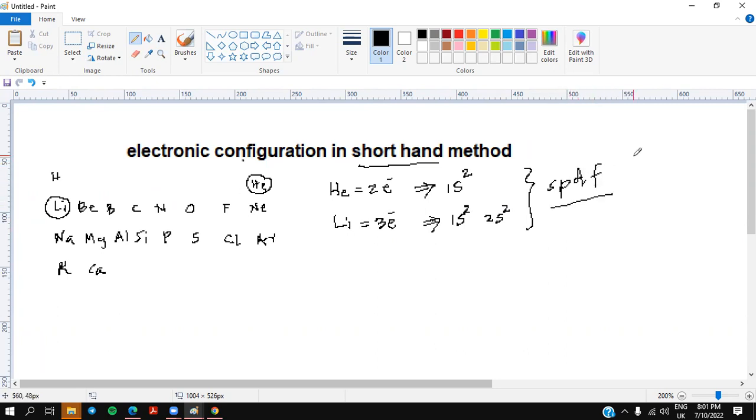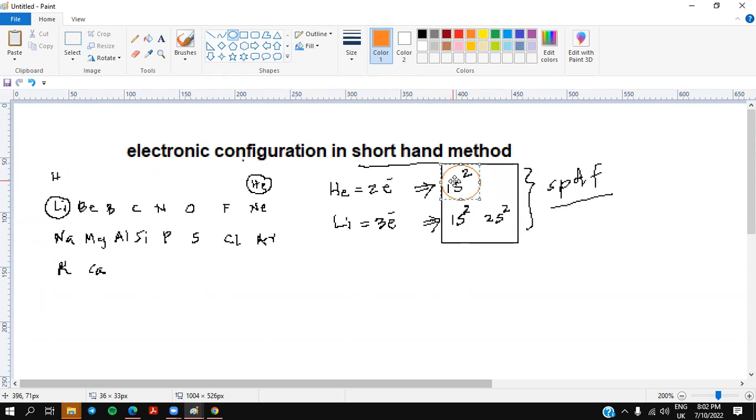SPDF notation. If I consider this SPDF notation for helium and lithium, just look at this. 1s2 is an electronic configuration of helium, which is a noble gas.